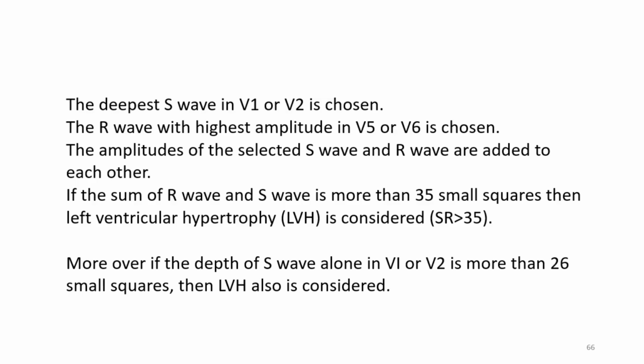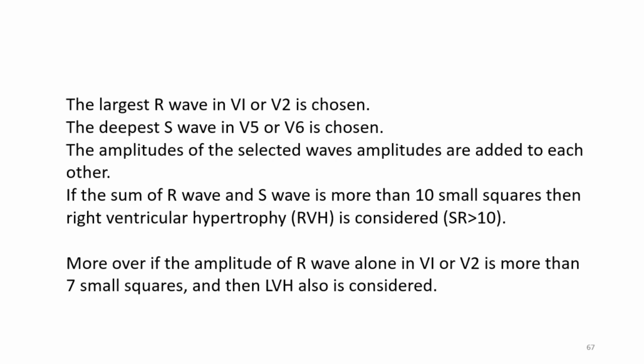The R wave with the highest amplitude in V5 and V6 is chosen. Amplitudes of the selected S wave and R wave are added to each other. If the sum of R wave and S wave is more than 35 small squares, then left ventricular hypertrophy is considered. Moreover, if the depth of S wave alone in V1 and V2 is more than 26 small squares, then left ventricular hypertrophy is also considered.